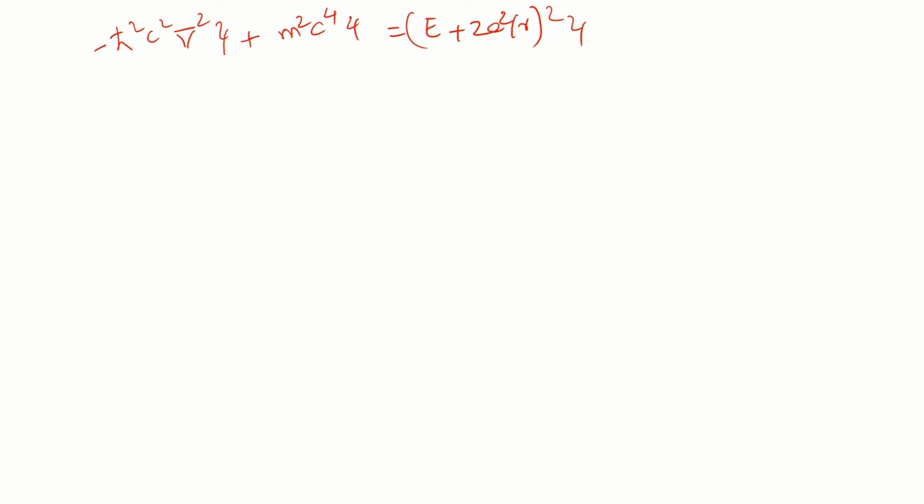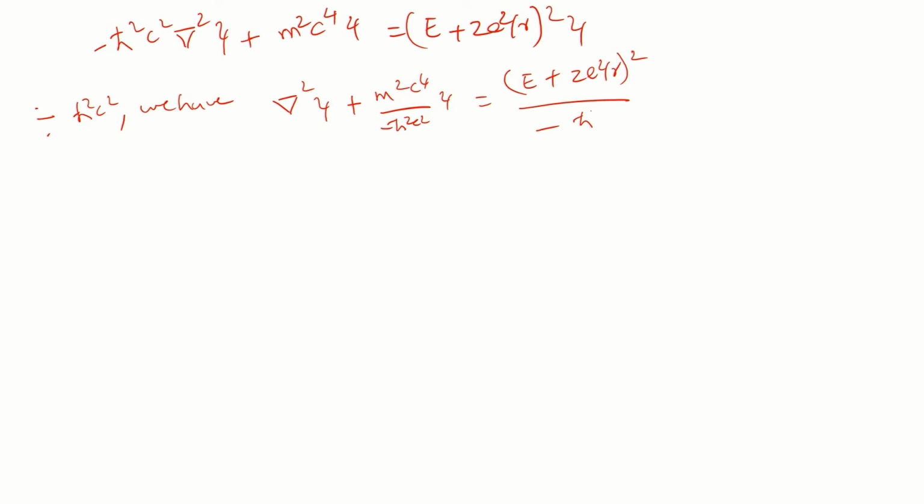Now, this equation becomes a quantum mechanical equation. Divide each term by H cross square C square. We have the first term is del square psi plus m square C power 4 by minus H cross square C square into psi equal to E plus Z square by R whole square divided by minus H cross square C square into psi.